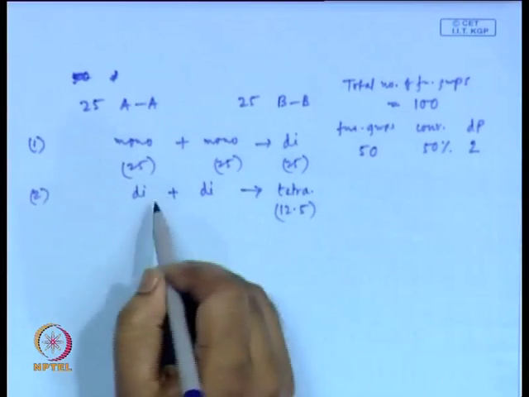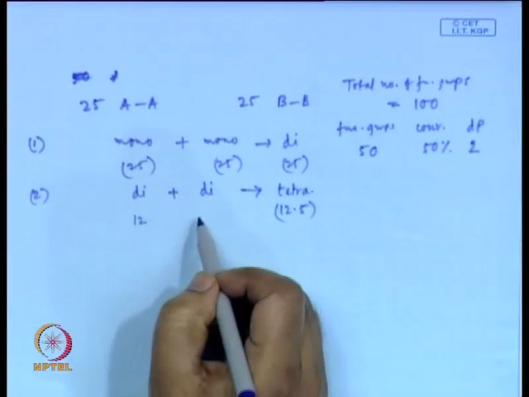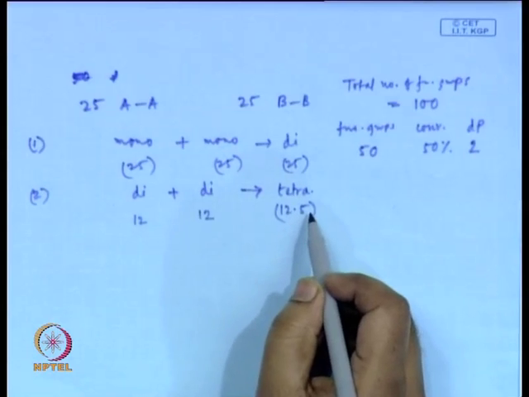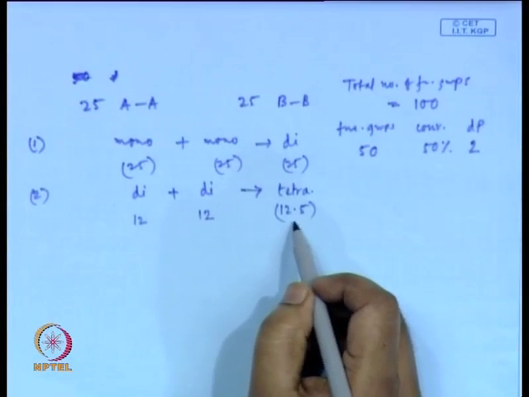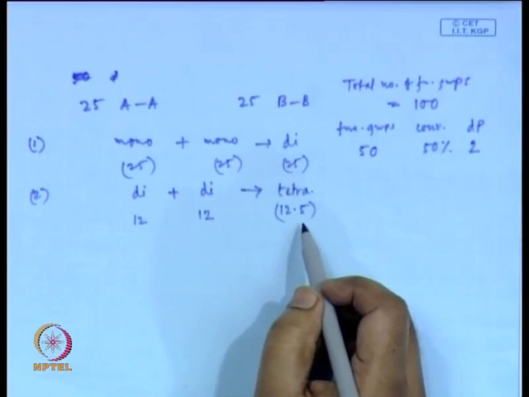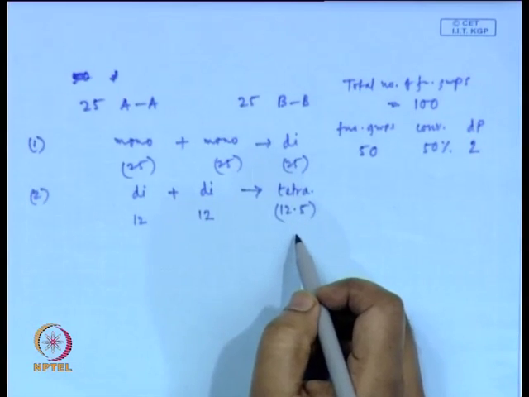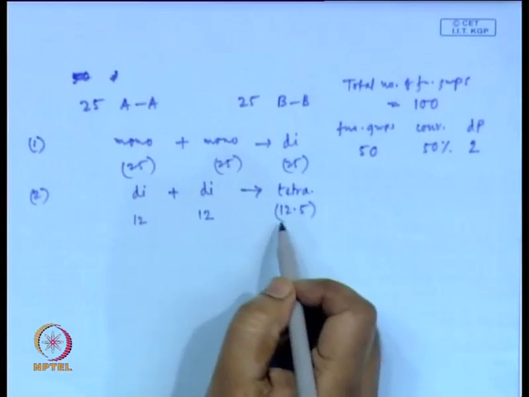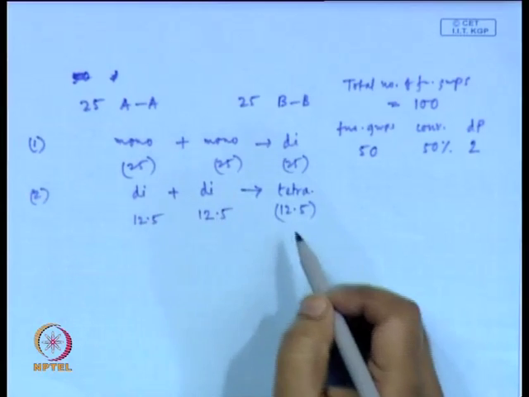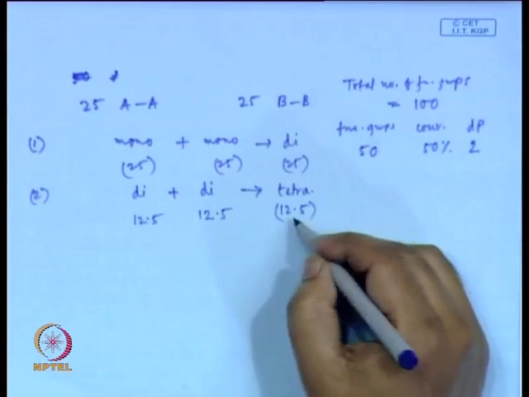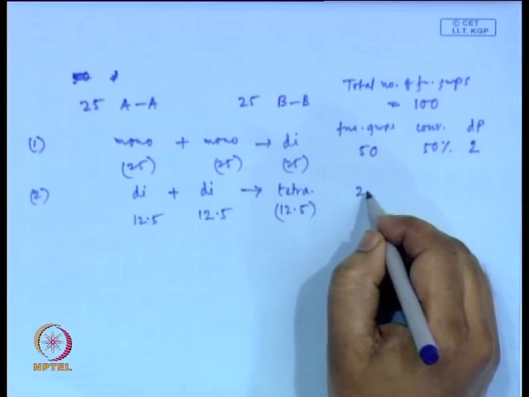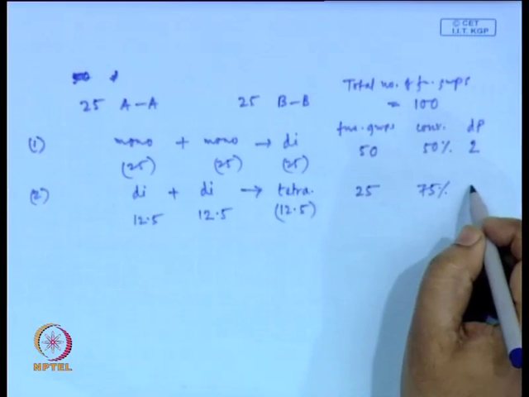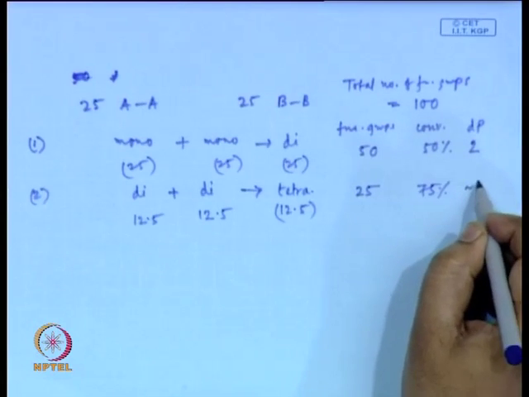If 12 dimers react with 12 dimers, 1 is remaining, so you have 12 tetramers plus 1 dimer, which makes it on average 12.5 tetramers. How many functional groups are now present in the reaction system? It is 25. So what is the conversion? 75%, and the degree of polymerization is close to 4.